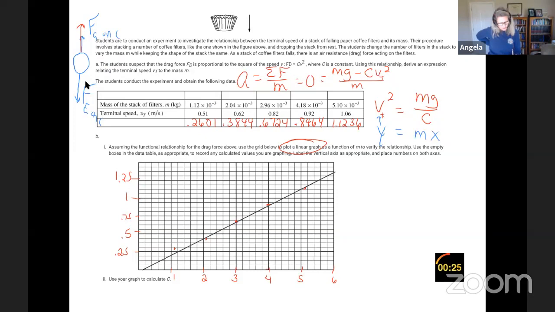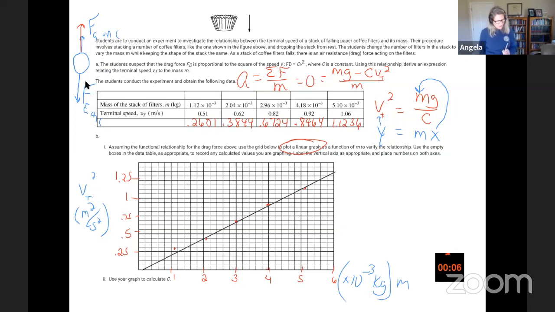So the x variable would be the mass. So you're going to graph v terminal squared, in meters squared per second squared, versus mass, and those are all times 10 to the minus 3 kilograms.